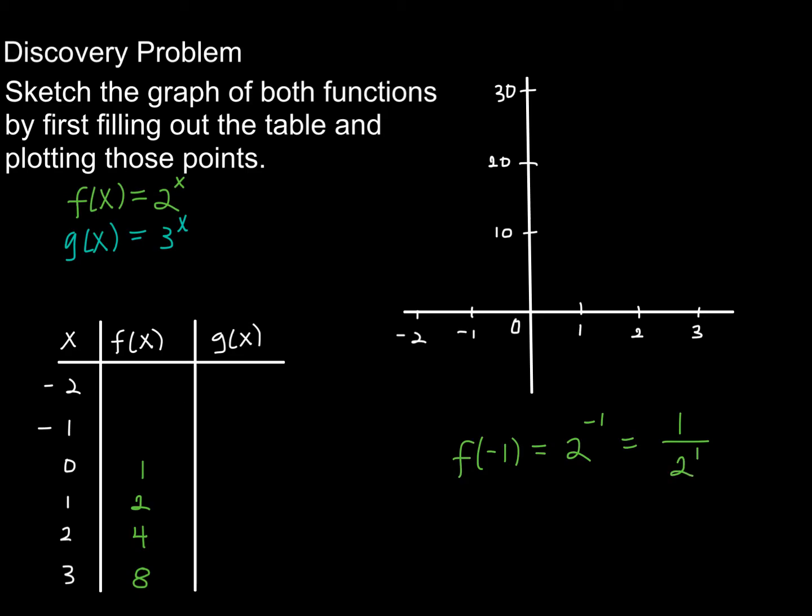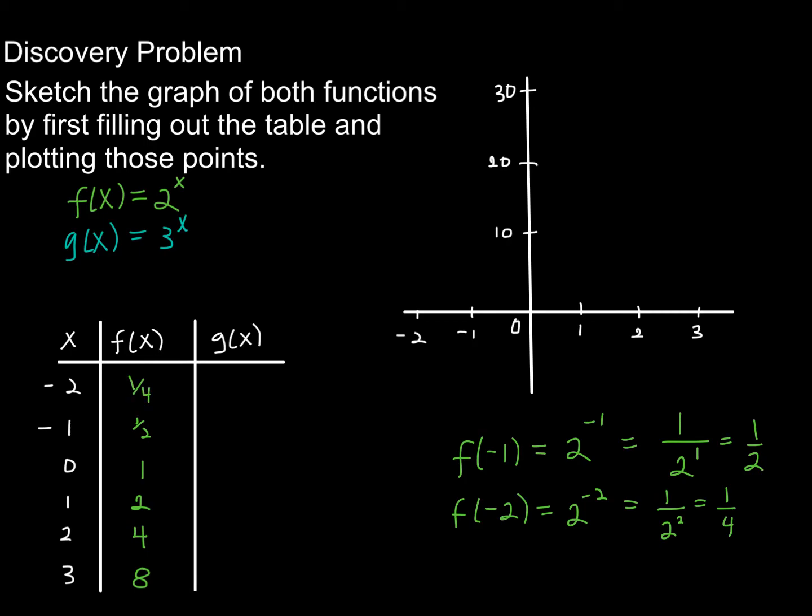So it'll be 1 over 2 to the positive 1. 2 to the positive 1 is 2, so it'll be 1/2. I can do the same thing with -2. So here I will have 2 to the -2, and that is going to be 1 over 2 squared. 2 squared is 4, so it'll be 1/4.